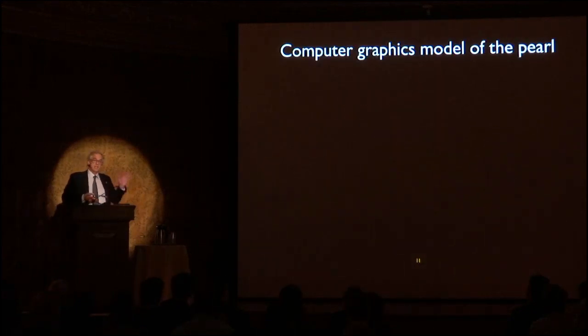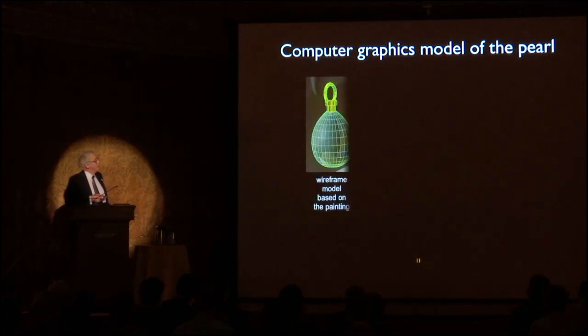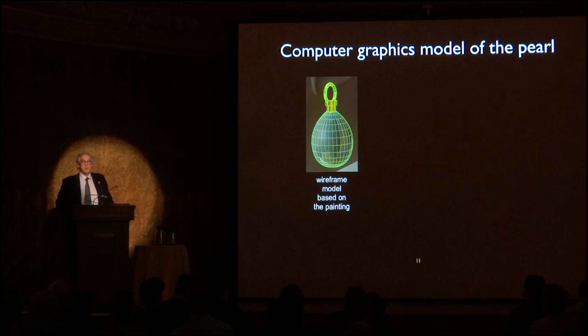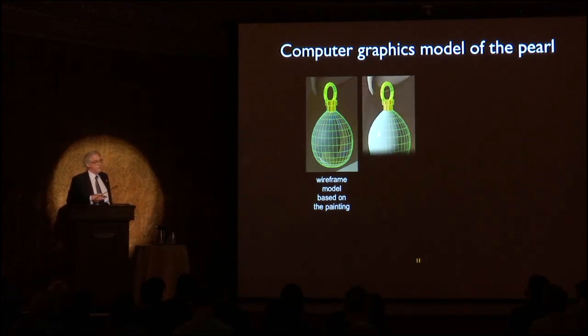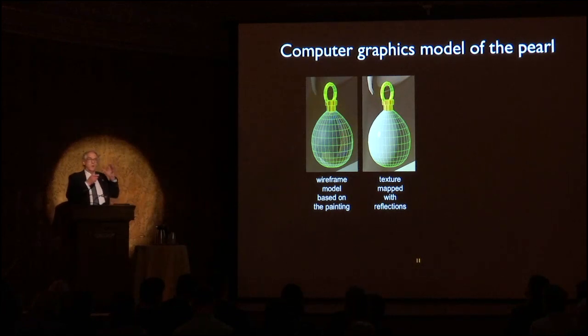Now for the model-dependent methods. I took a high-resolution photograph of the pearl in that painting, and we can confidently assume that it's cylindrically symmetric. And so I built a 3D computer graphics model, and you now so-called texture map it, put the white on it.